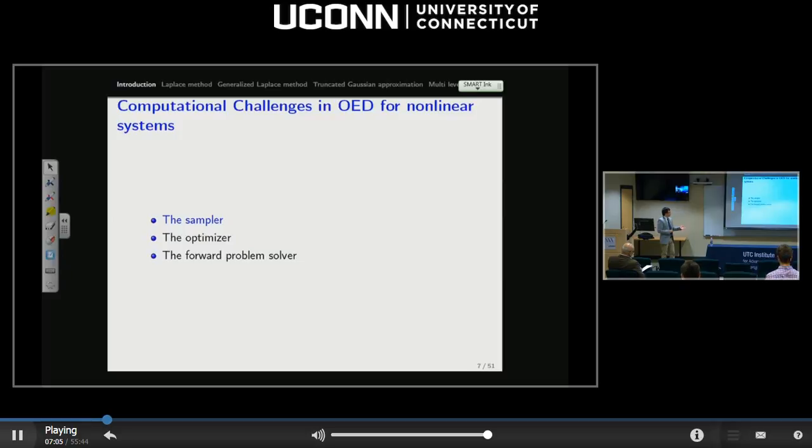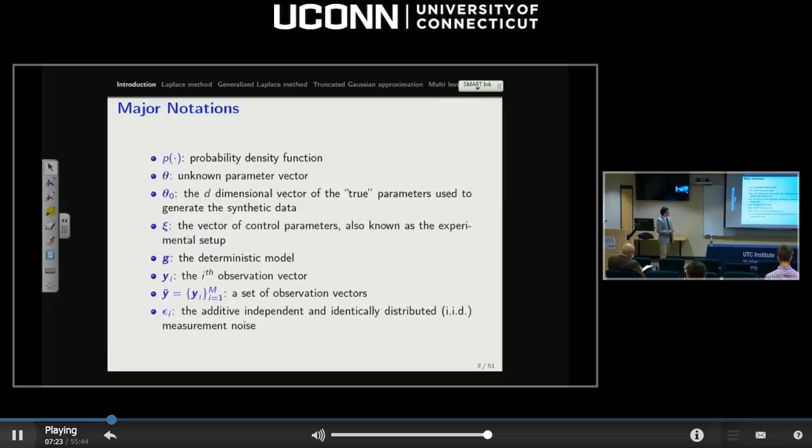And besides those, most of the time the forward model can be very expensive to compute. But in this talk, I'm going to focus on the first subject. Here is the notation I'm going to use in the talk.